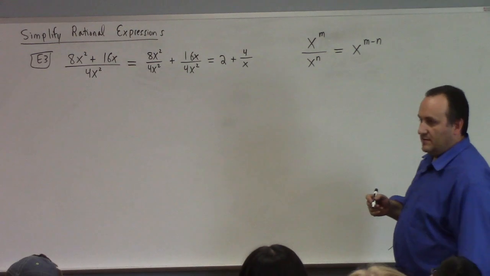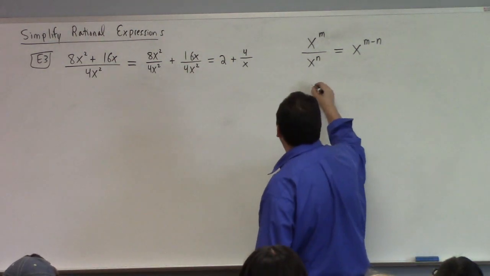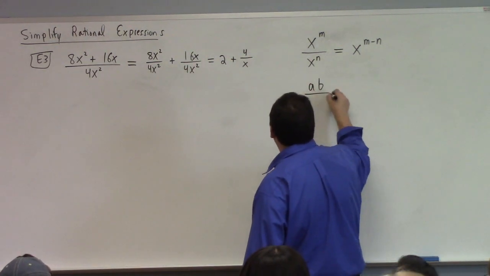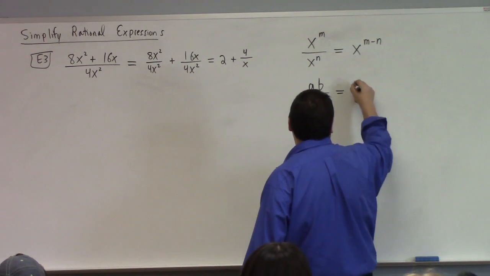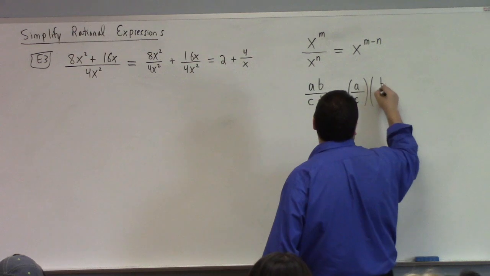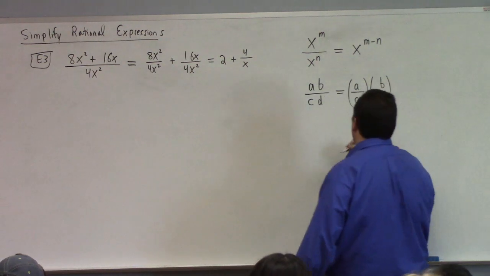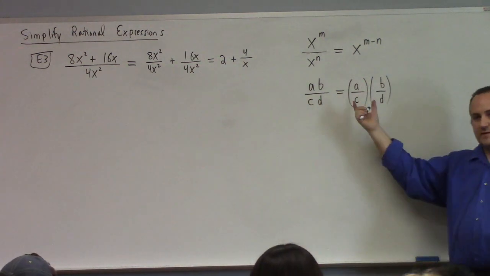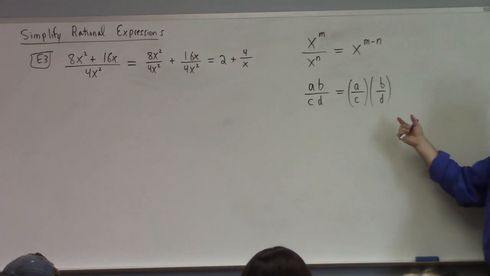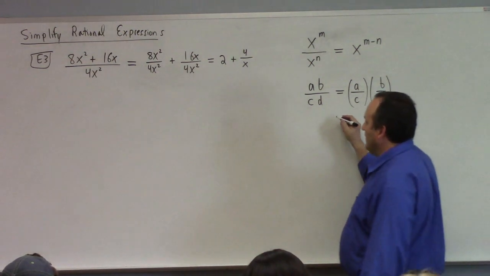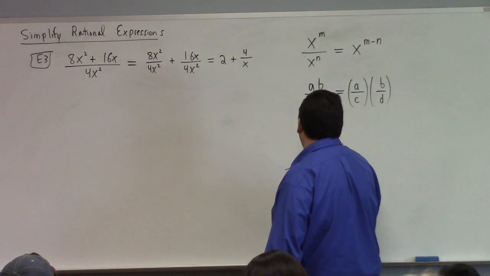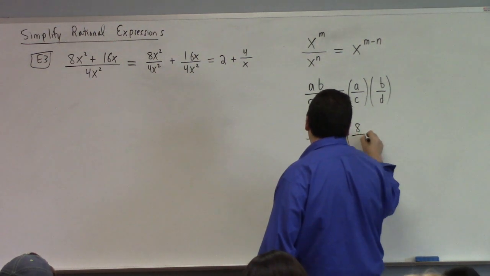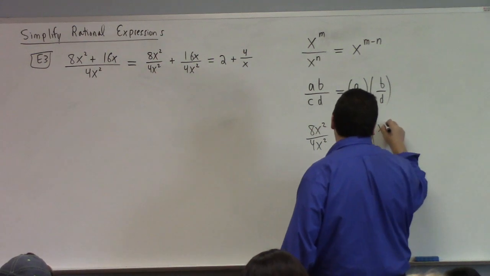All right, so generically speaking, if I have ab over cd, we can look at that as a over c times b over d. So if we have a fraction of products, we can look at it as the product of fractions. I'm using that idea when I go from 8x squared over 4x squared to 8 over 4 times x squared over x squared.